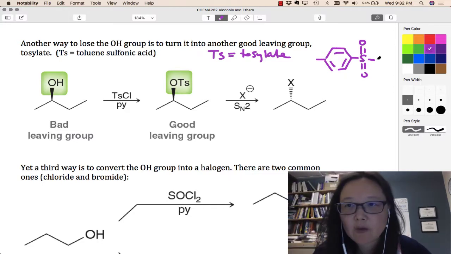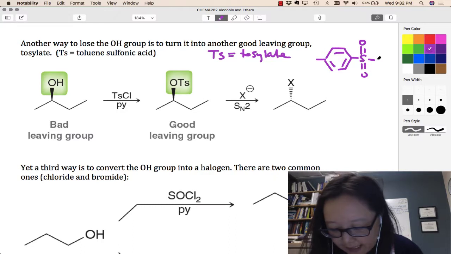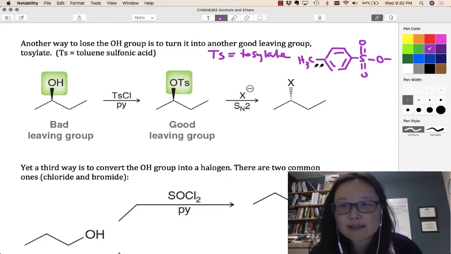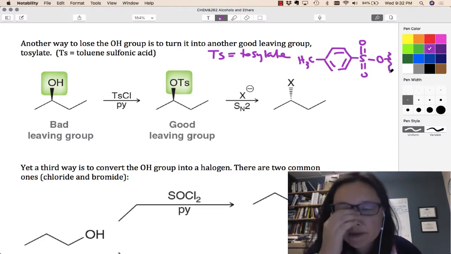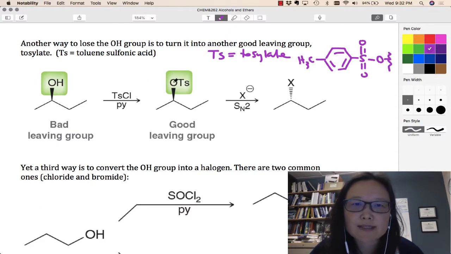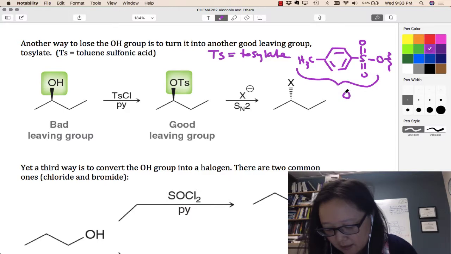So instead of an OH here, which makes it a sulfonic acid, it's an O group. Okay, so here's a CH3, and a benzene is tosyl or toluene sulfonate. Okay, so sulfonate, and this O is usually attached to something, an R group. So that's what this is, the OTS right here. So this whole thing is OTS.